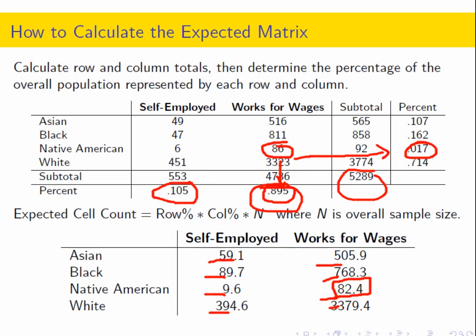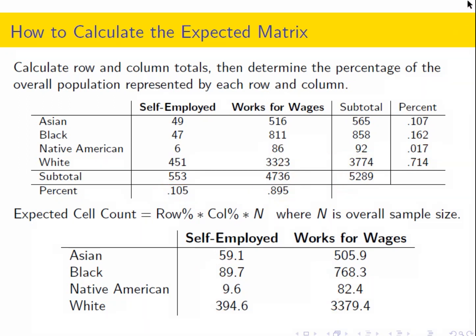And same thing looked at another way, it's figuring out there's this percentage of Asians, so that much percent of the self-employed people, that much percent of the works for wages people. That's how you should be able to calculate these things.